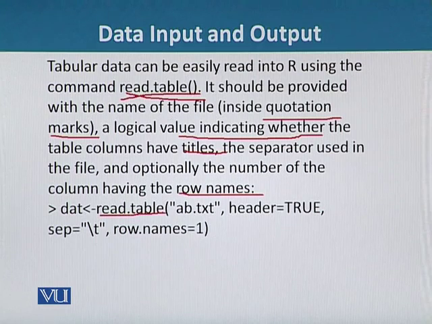Then we write the name of the file in quotation marks, here ab.txt. Then the header is present, then we have a separator in the form of backslash t, and the row names, that is 1. By using this we can input the data into R, and tabular data can be easily read using these commands.